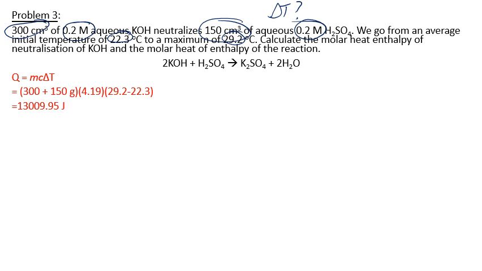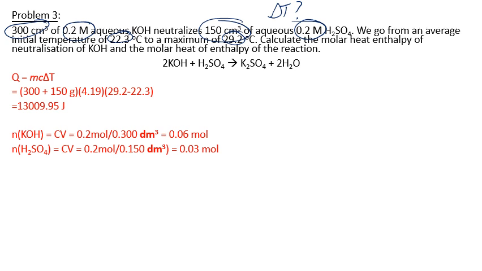So you should get, start off with roughly 13,000 joules of energy. Now, of course, the number of moles of KOH equals C times V, which will be 0.06 moles. Number of moles of sulfuric acid will be 0.03 moles from our stoichiometry equations.